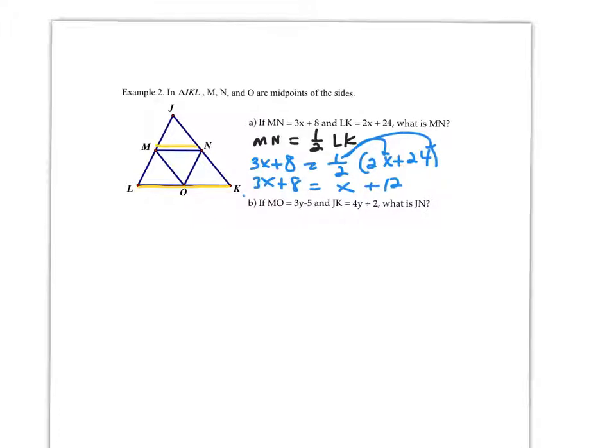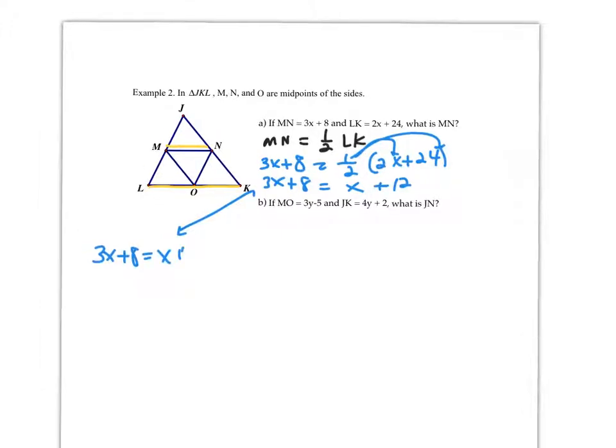So we have our equation: 3x plus 8 is equal to x plus 12. So subtract x from both sides. I get 2x plus 8 is equal to 12. Subtract 8, and we get 4. So 2x is equal to 4. Therefore, x is equal to 2.